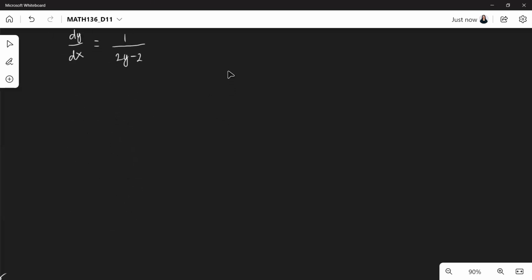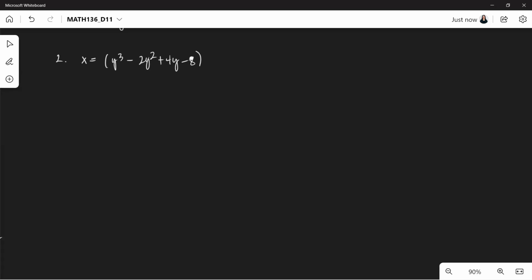So the second example. If we have this function, x is equal to a polynomial raised to the power of 5.